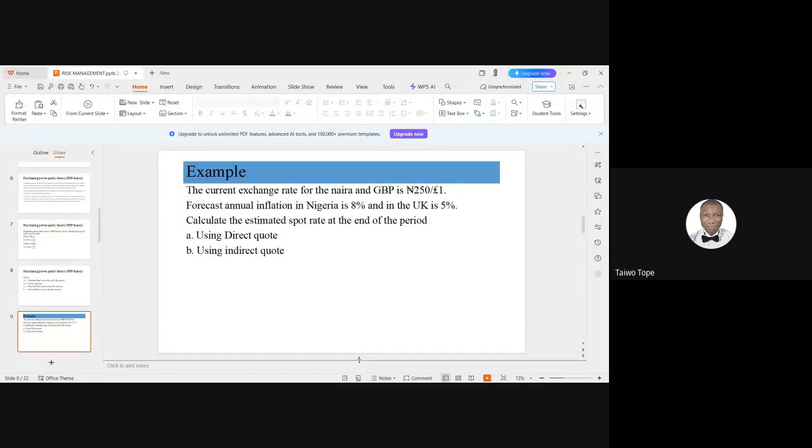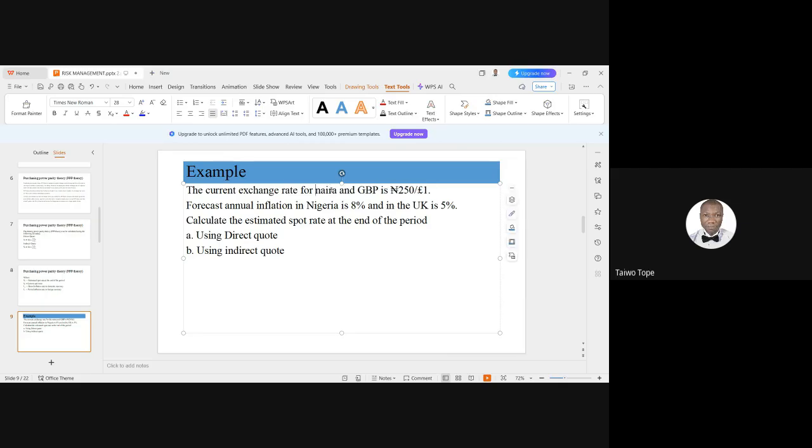So we have this example: the current exchange rate for Naira and GBP is 250 Naira to £1.